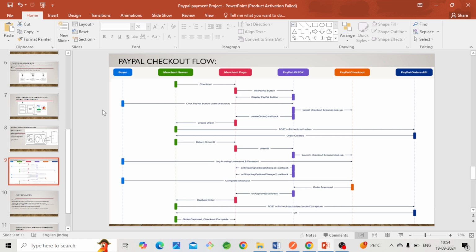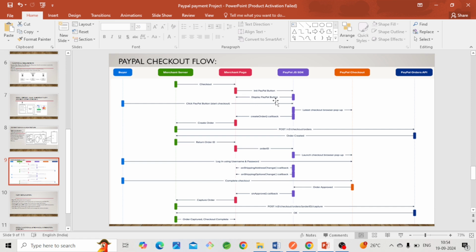So when a customer is on a merchant page and wants to make a payment, the checkout process goes to the backend server. Then the PayPal JavaScript library, which is integrated with the front end page of the e-commerce site, displays the PayPal button.